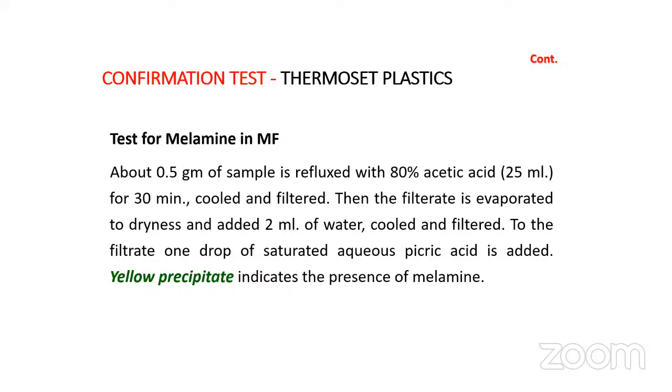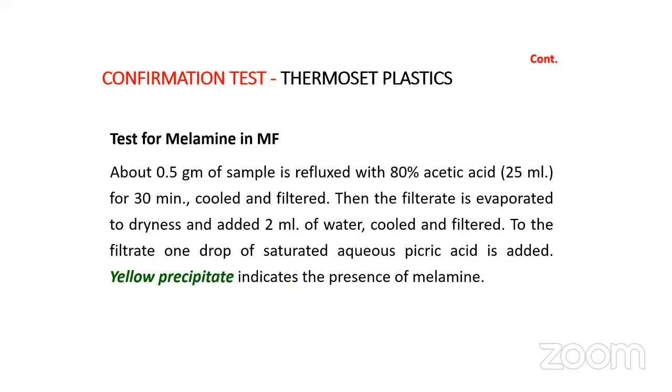In that we studied three to four polymeric materials, including melamine formaldehyde, urea formaldehyde, and in phenolics, phenol formaldehyde. Out of it, one type is melamine formaldehyde resin, MF in short form.